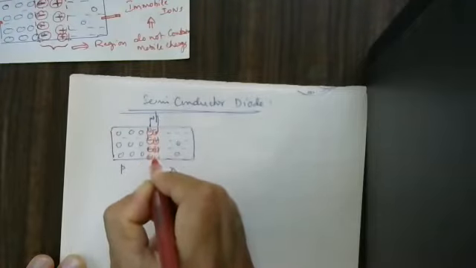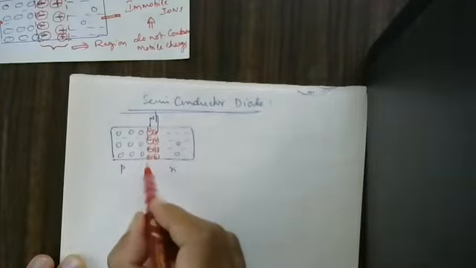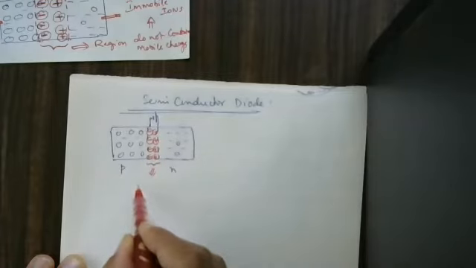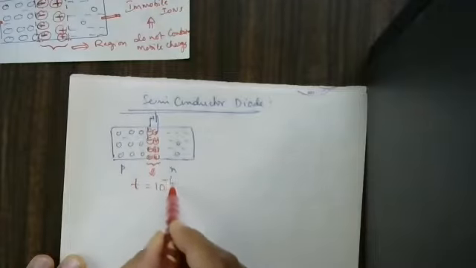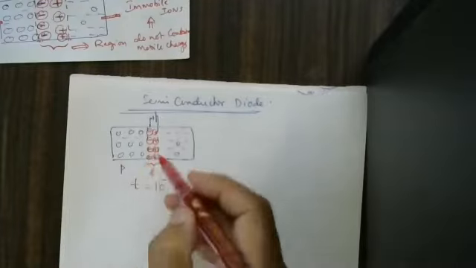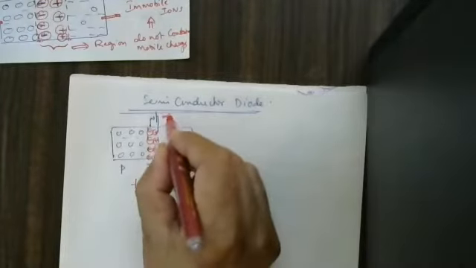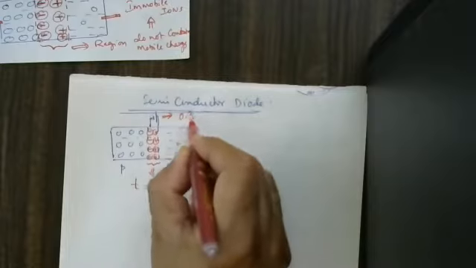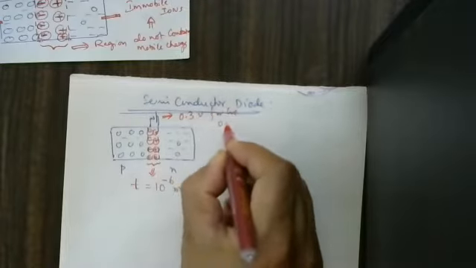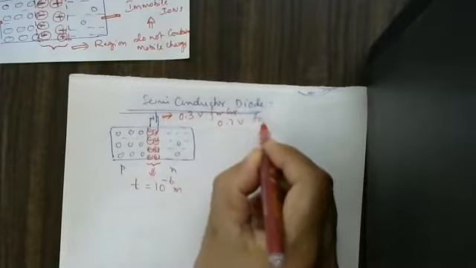These ideas we have already come across. This thickness is equal to 10 to the power minus 6 meter. This is the thickness of the charge depletion region. This voltage is equal to 0.3 volts for germanium or 0.7 volts for silicon.